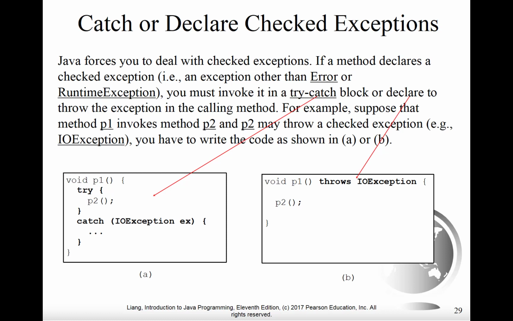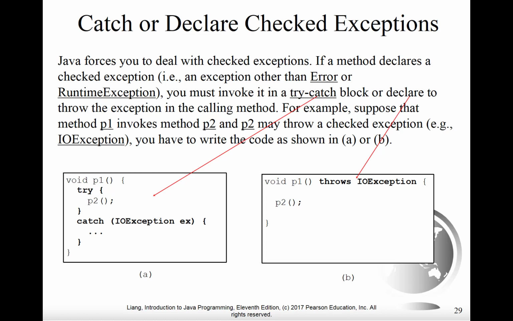We have no try-catch block. An exception could still happen, an IO exception in particular, but what we do to deal with it is simply pass the buck, so to speak. We give it to our caller, and we do that by declaring P1 to throw an IO exception. It doesn't mean it will throw it, but it means it might, it could. It has the possibility of an IO exception happening in there. And that's good enough. We've dealt with it then.